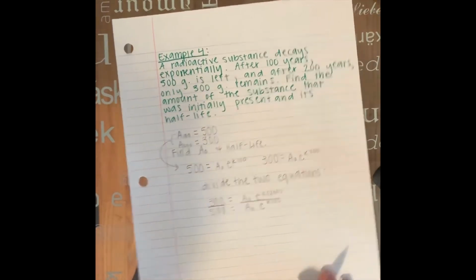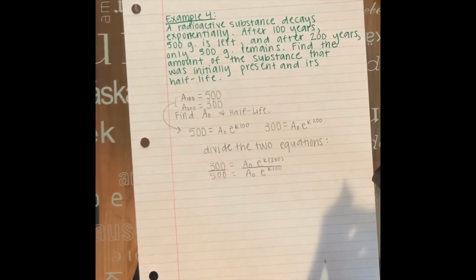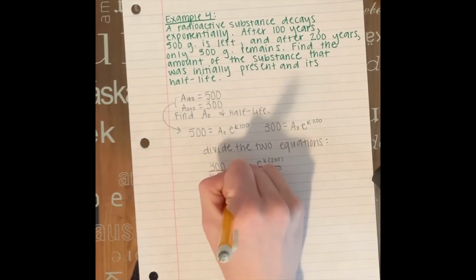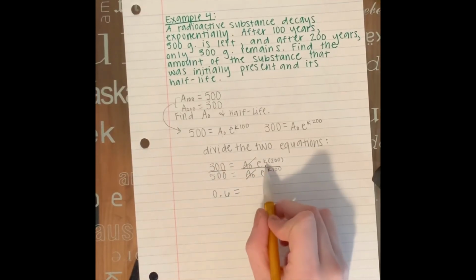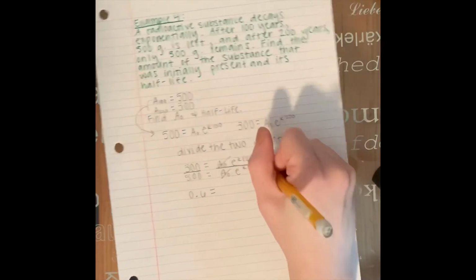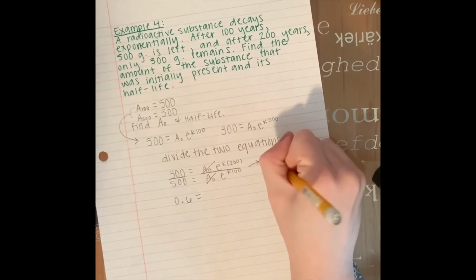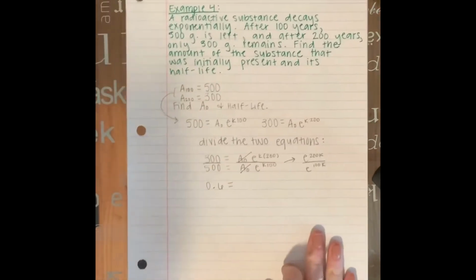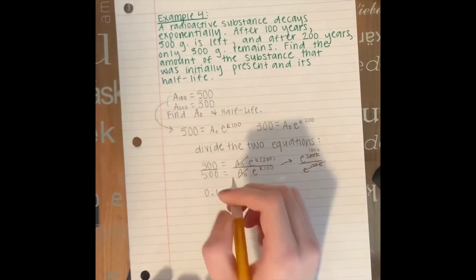I know it's weird, but look what it'll do for us now. 300 divided by 500 is going to be 0.6. A of 0 cancels, and e to the 200k, so this is the same thing as e to the 200k over e to the 100k. Those can cancel, and I'll be left with e to the 100k.